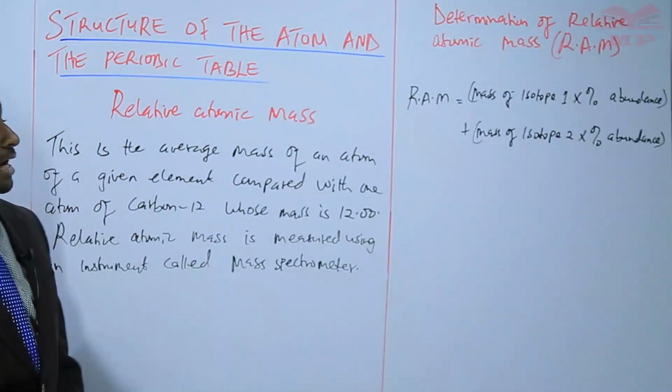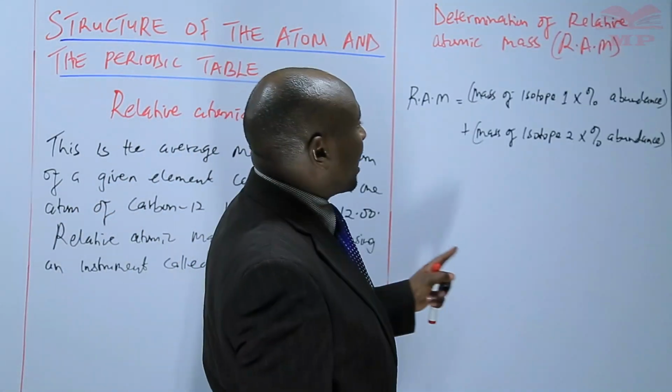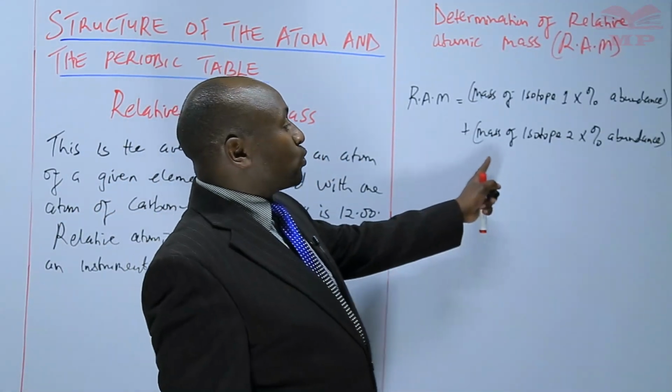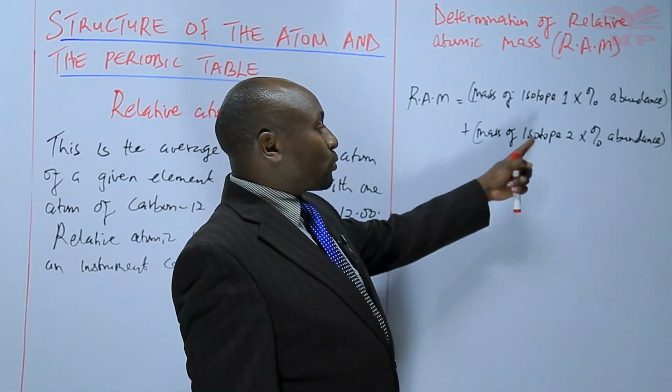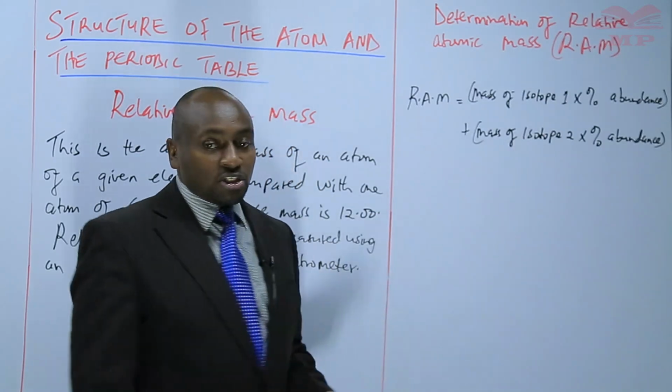That is, if we only have two isotopes. But if the isotopes are more, then you can go on to plus the mass of isotope 3 times its percentage abundance.